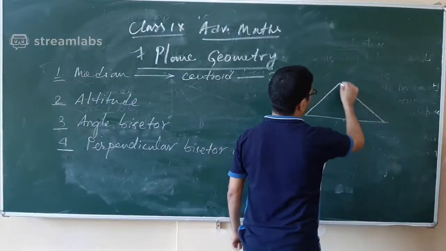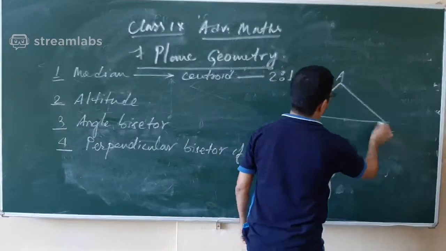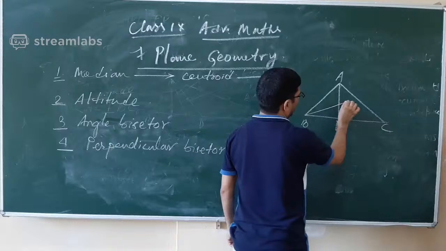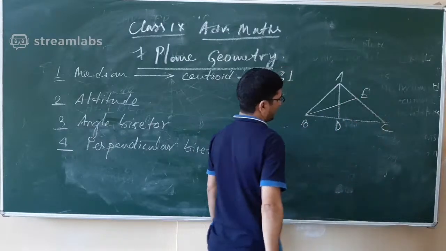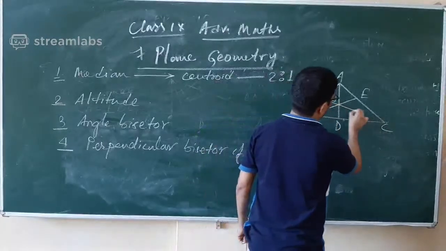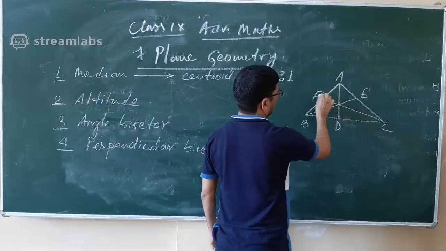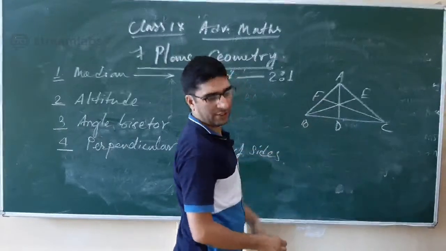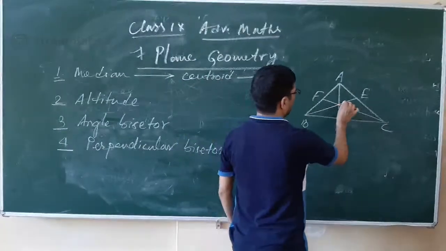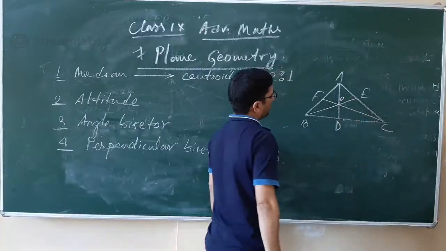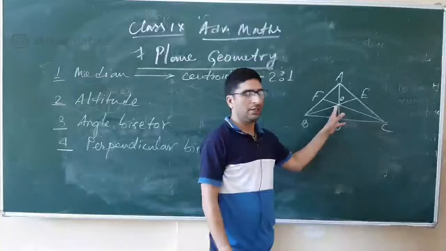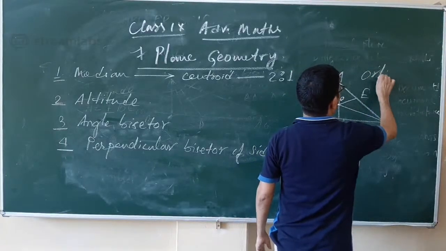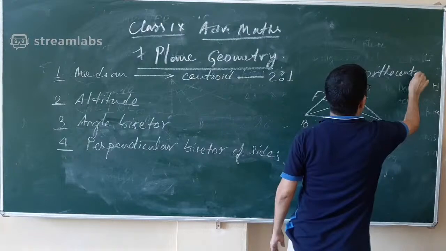In this triangle ABC, if AD is perpendicular to BC, BE is perpendicular to AC and CF is perpendicular to AB, then the meeting point of these altitudes, O, is called the orthocenter.